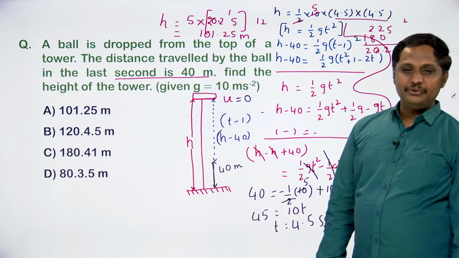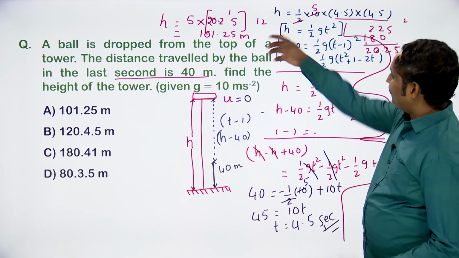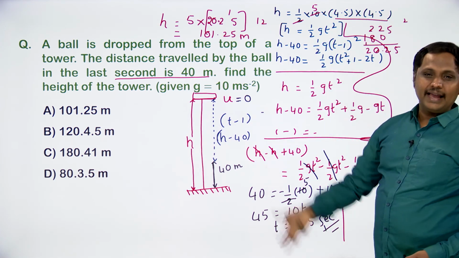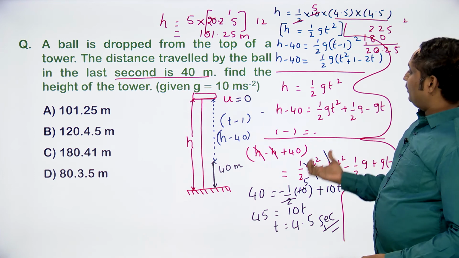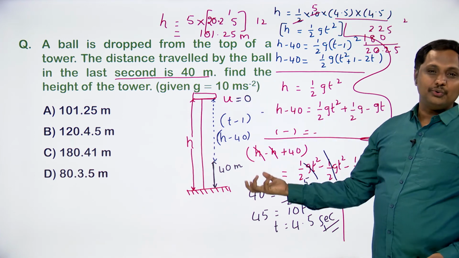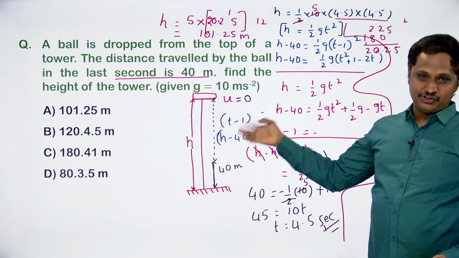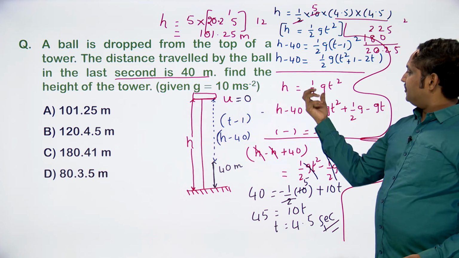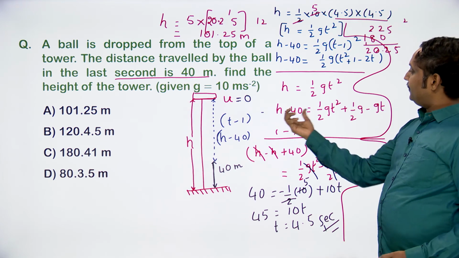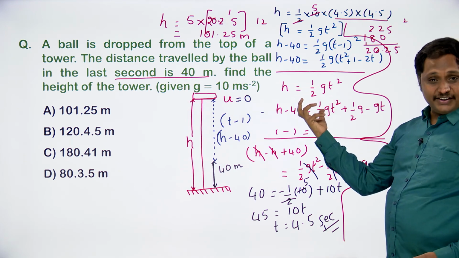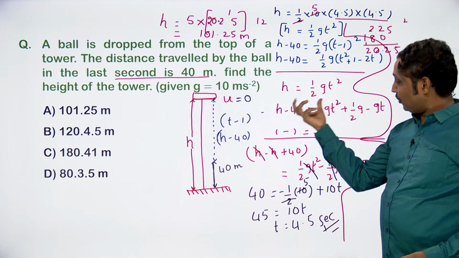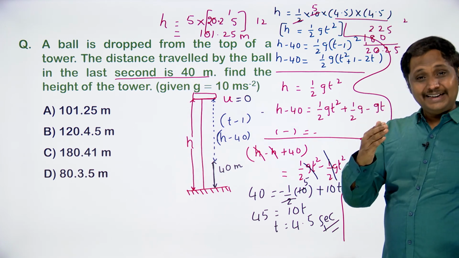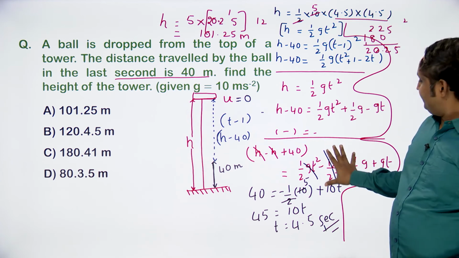So, we would like to have this equation and method of simplification, we are all getting this one by doing all the calculations. Okay, you have considered that u is equal to 0, which has started from rest position, it is allowed to fall down, right, and we have taken that g, and it is very clear. h minus 40 is the distance travelled by the ball in t minus 1 second, it is very clear, all right.